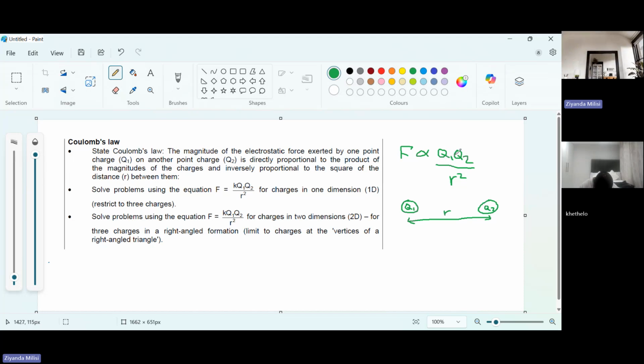So F is directly proportional to Q1 Q2. These questions can come up in the multiple choice. If you draw a graph here, it will look like this. It's a direct proportionality graph.